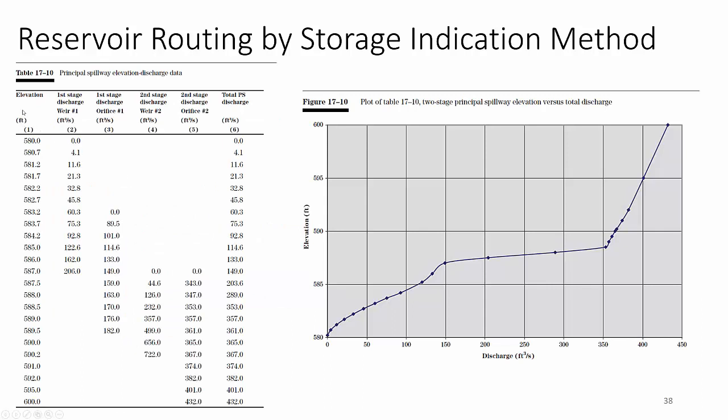So here we have our discharge, and you see our discharge for elevation is quite different because we have a weir with an orifice, a weir with an orifice, and then a total discharge. So first stage discharge, second stage discharge. This allows us to control and add the values based upon stages, and we just add those up to get total discharge.